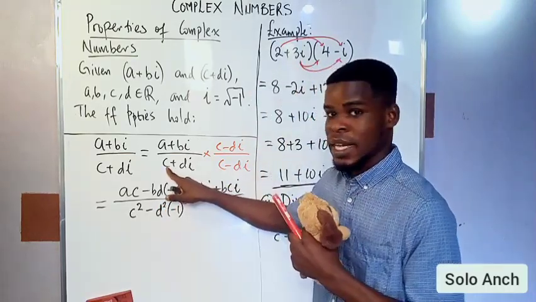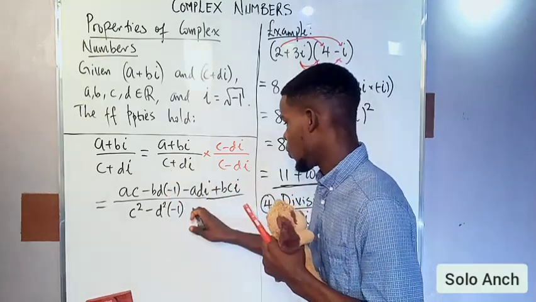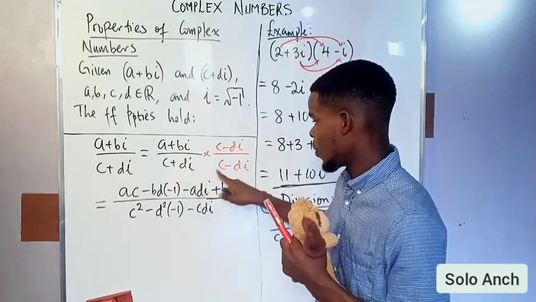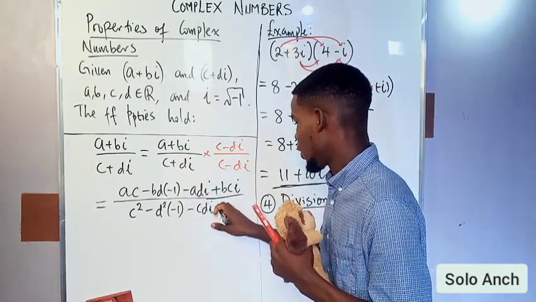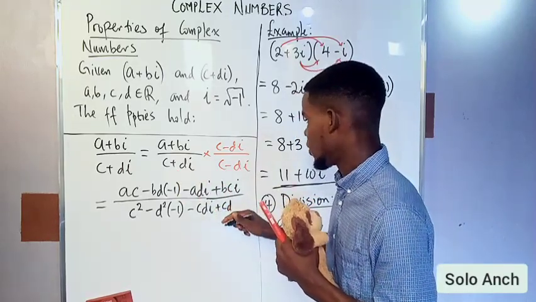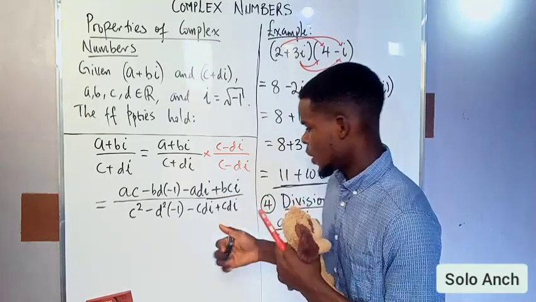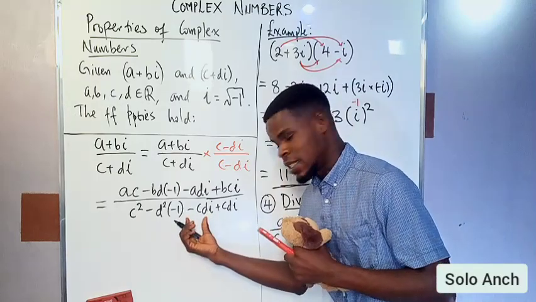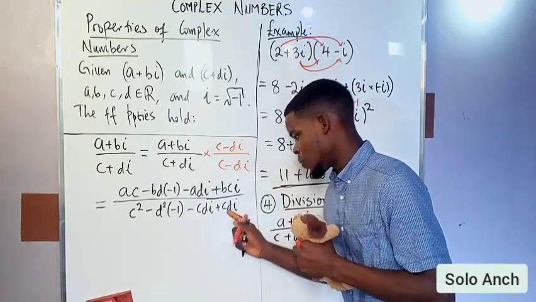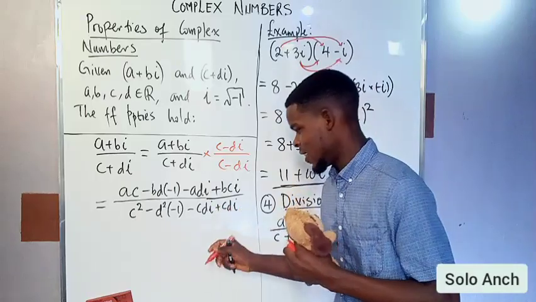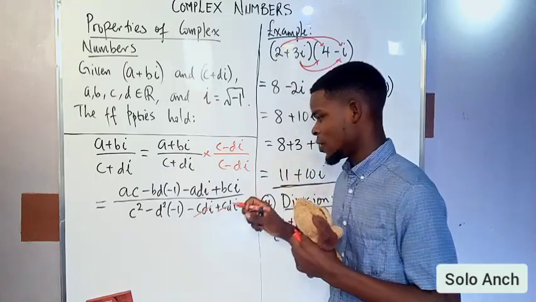Then we have to multiply c with this part, which is negative cdi. Then positive di times c, that will be positive cdi. Okay. Good. Now you notice that this is negative cdi and this is positive cdi. So they are both equal and opposite in sign, right? So in fact, that would just give us 0.